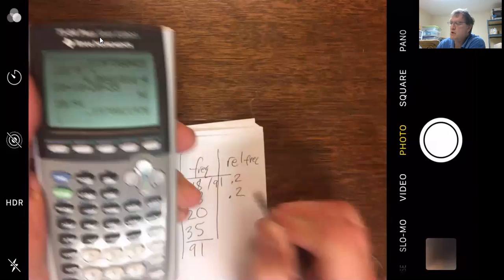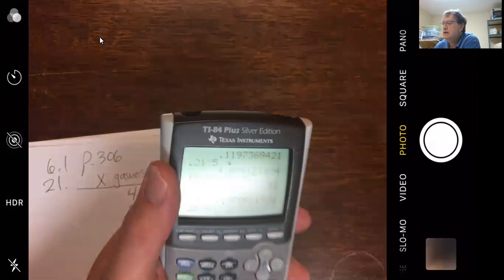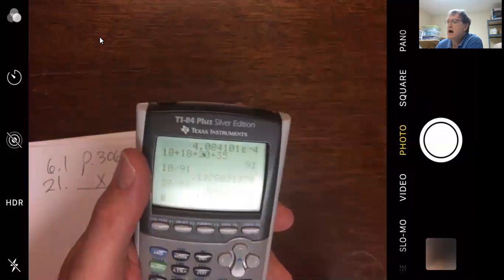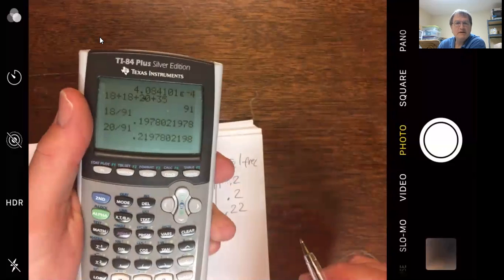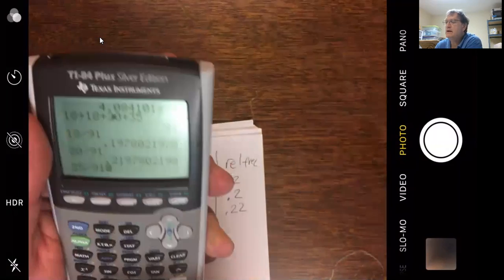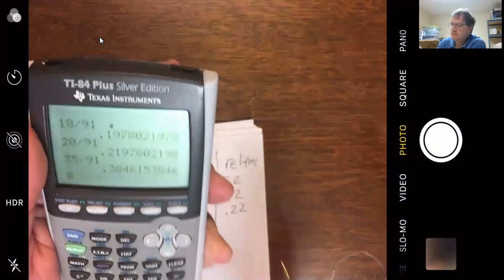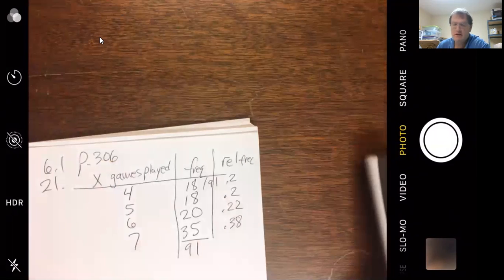Next would be 0.2 as well. 20 will be just a little bigger, divided by 91, 0.219, let's call that 0.22. 0.197. Then 35 divided by 91, 0.38. 38% of the time it's gone all 7 games.